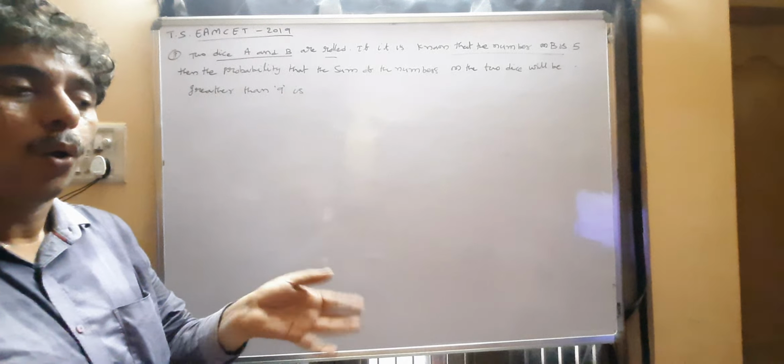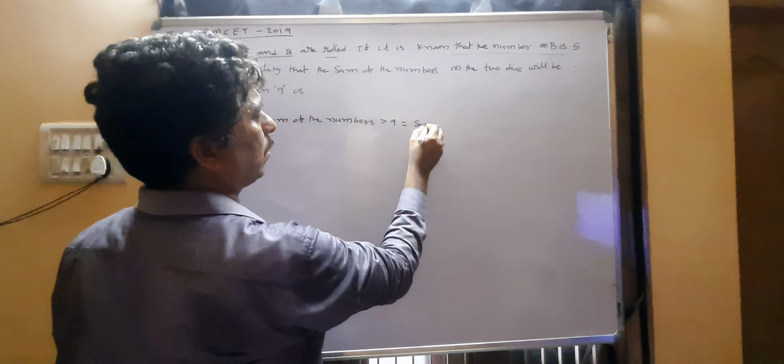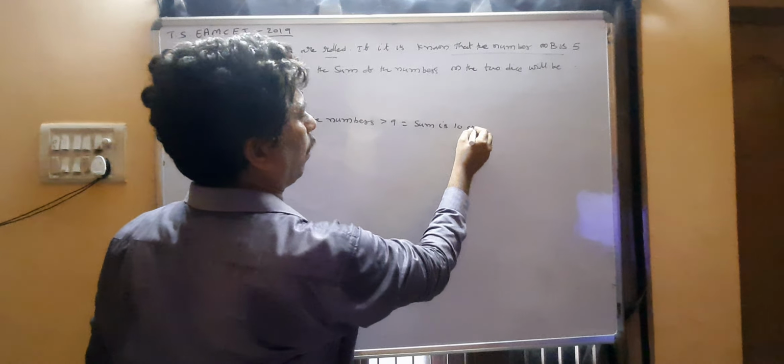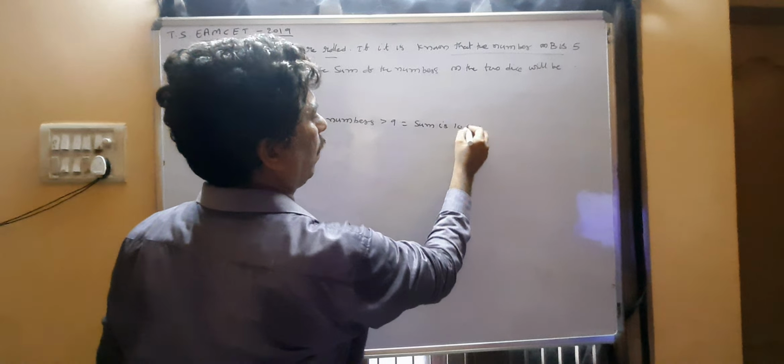whenever B throws, we know that 1 die shows the 5. We have 2 dice, A and B, and the sum of the two faces is greater than 9. That means the sum is 10, or 11, or 12.